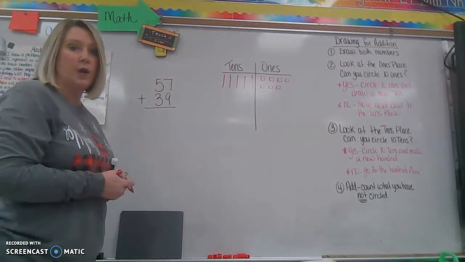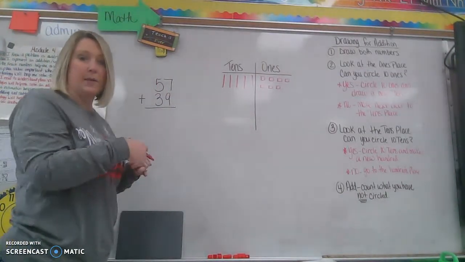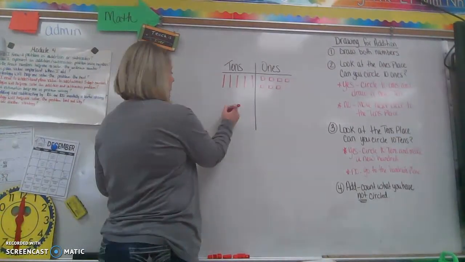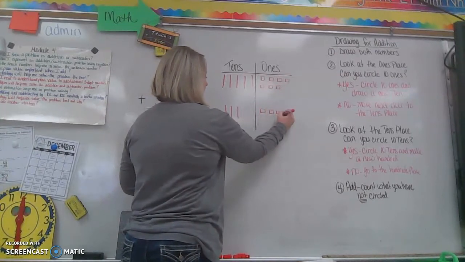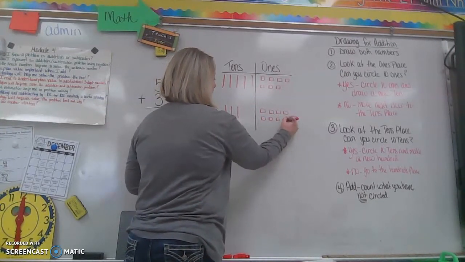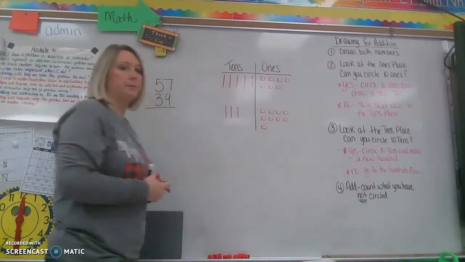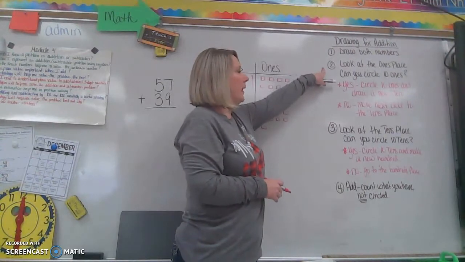Underneath that, I'm going to draw the second number. The second number is 39, and I want to keep it separate from the first number. So there's my 3 tens, and here are my 9 ones. Okay? That's step 1.